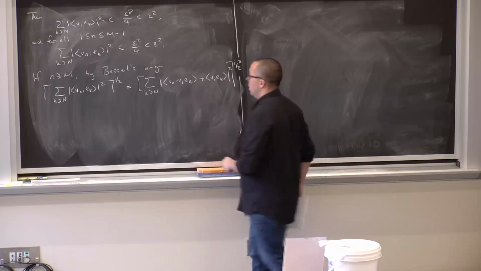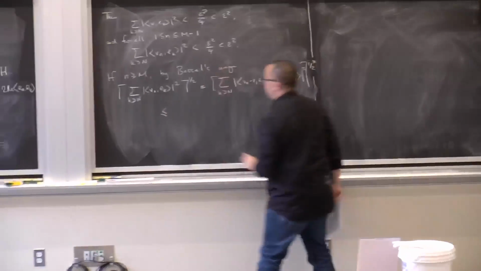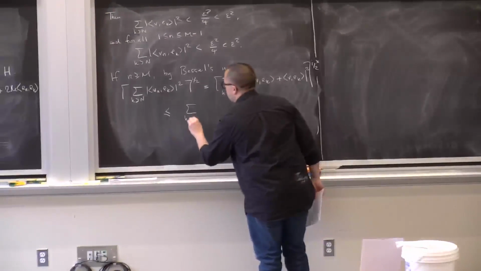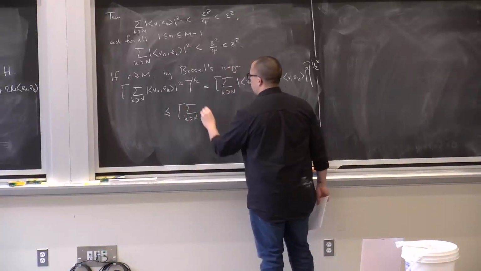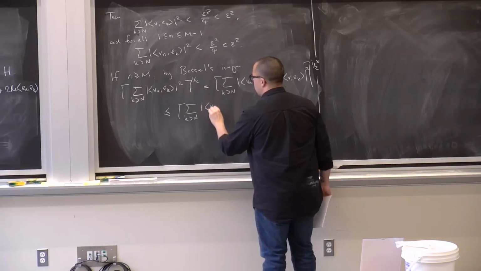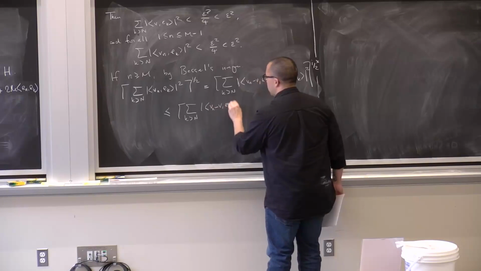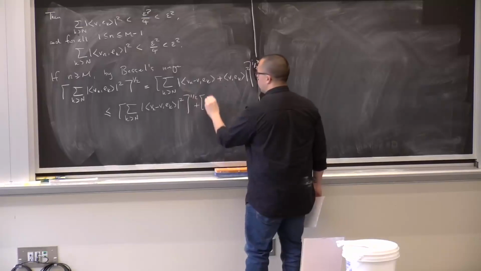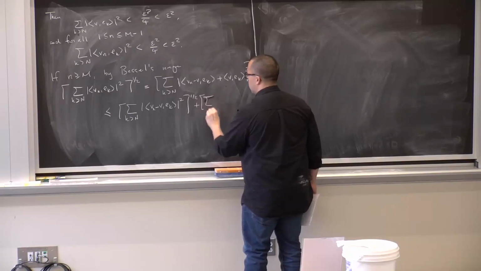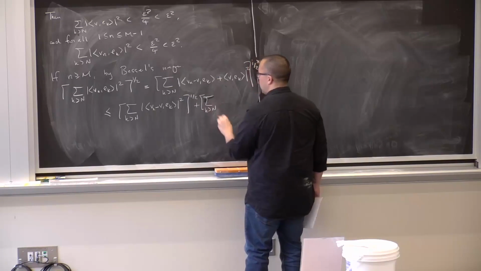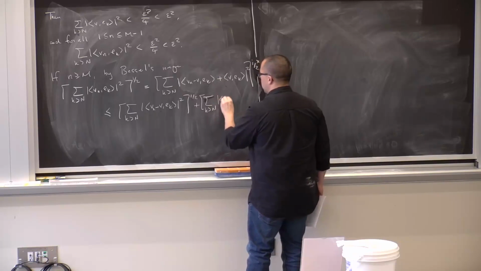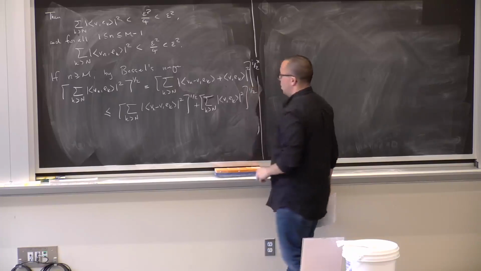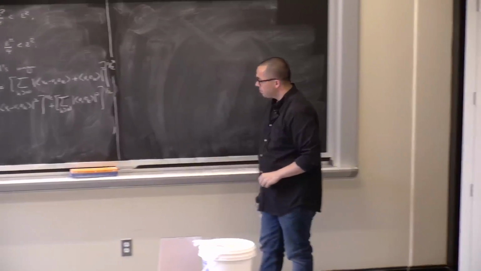Right? So by the triangle inequality for sequences in little L2, this is less than or equal to the sum over k bigger than N of Vn minus V ek, to the 1/2, plus the sum over k bigger than N of V ek, raised to the 1/2 power.